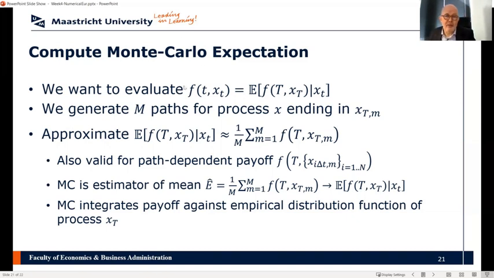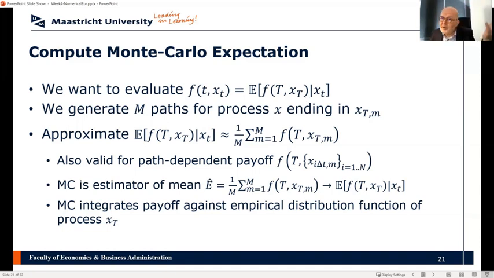Now, what makes Monte Carlo valuation extremely powerful, and the other methods cannot deal with that very well, but Monte Carlo can deal with it very cleanly, is that for some products, I am looking at the complete history of what happened in the past, and that will determine my payoff. So with a bit of abuse of notation, I can take the expectation of a function f depending on x capital T, but the function f is allowed to depend on all the x values that I have seen in the history of the past.